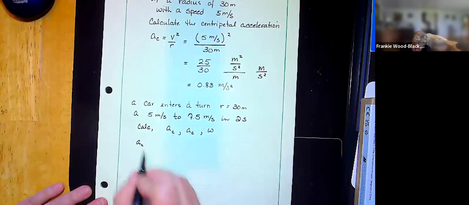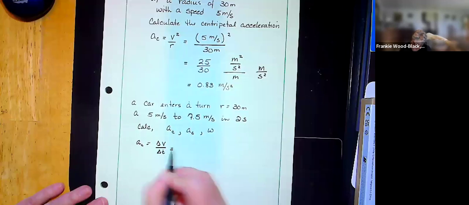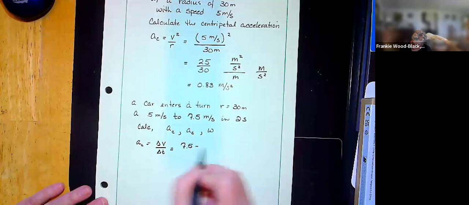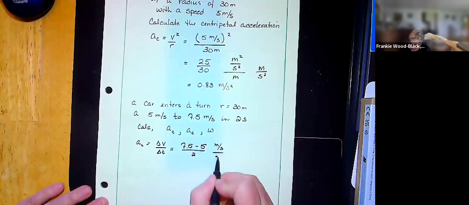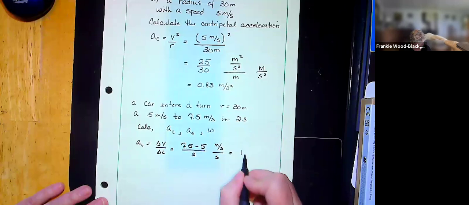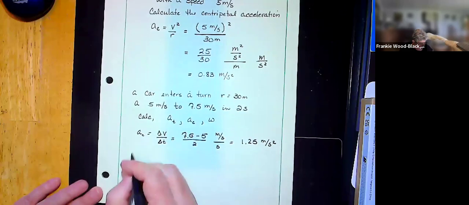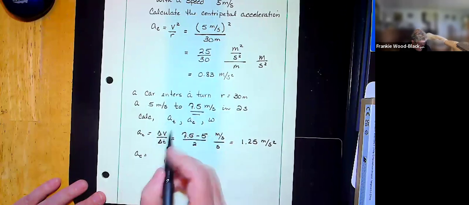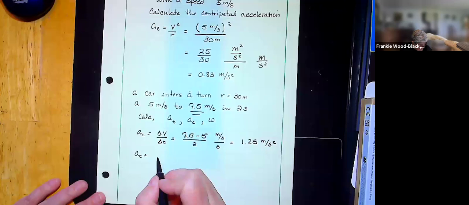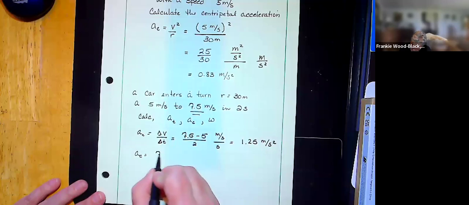Our tangential acceleration is just going to be our change in velocity over our change in time. So we're getting our 7.5 minus 5 divided by the 2 seconds. And I've got meters per second divided by seconds. This is going to give me 1.25 meters per second squared. Our centripetal acceleration, now that we're at our 7.5, it's going to be 7.5 squared divided by 30.